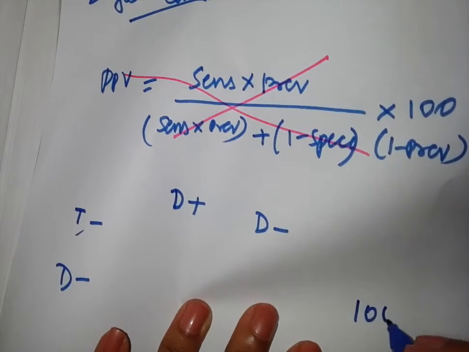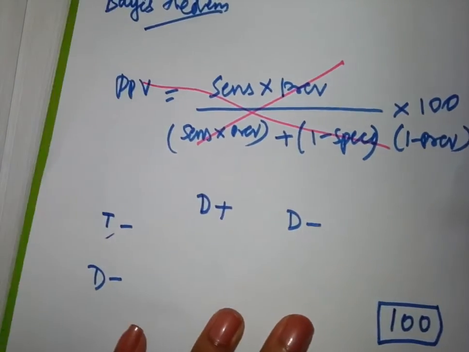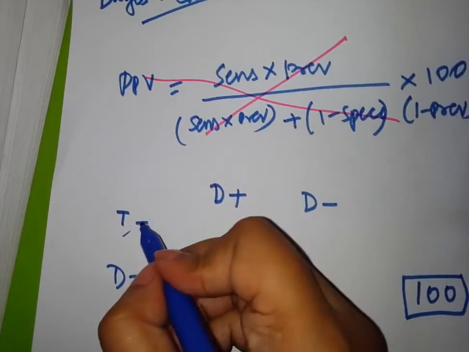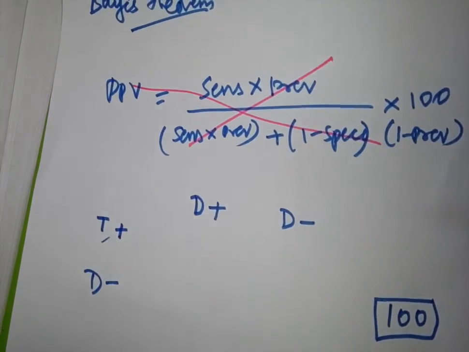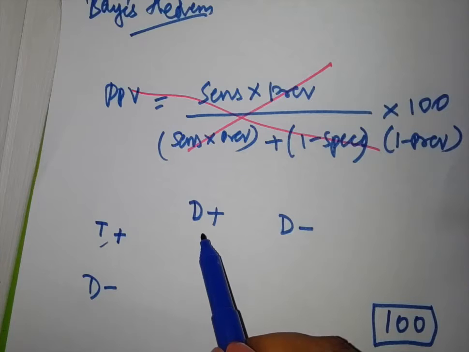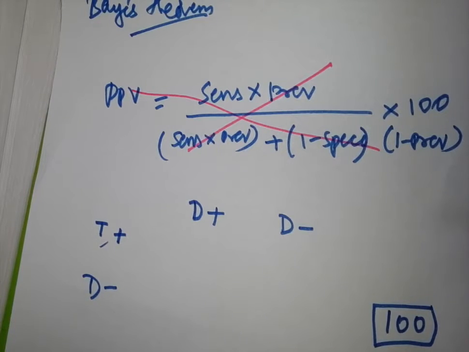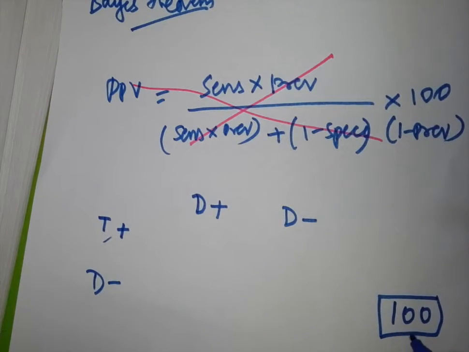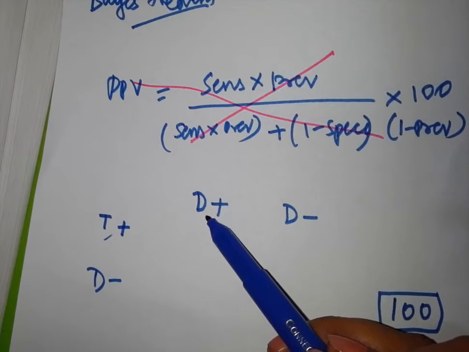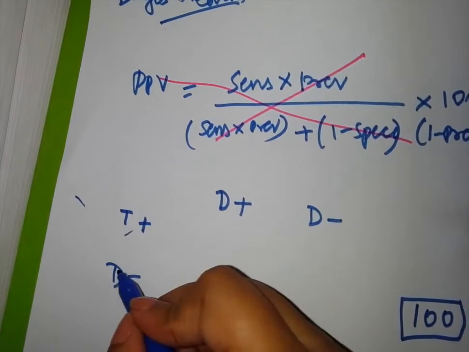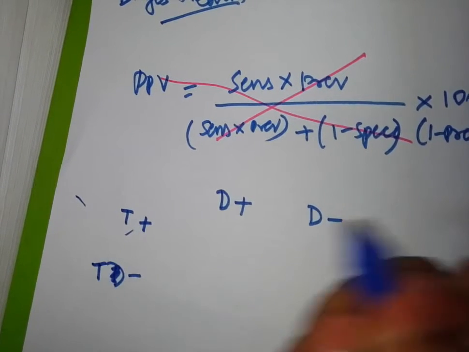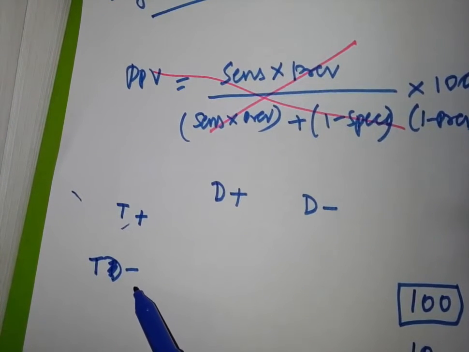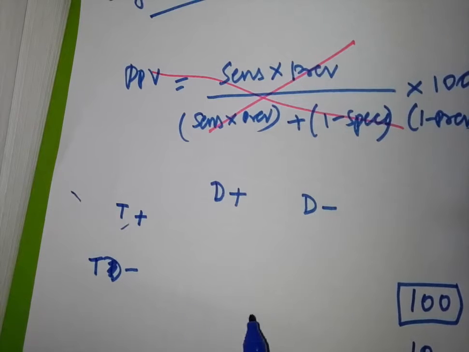So in disease positive, 10% means out of 100 people, 10 of them are diseased. So disease positive with test positive and test negative together will be 10.